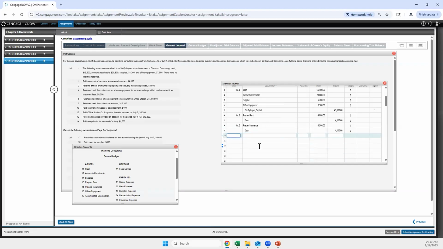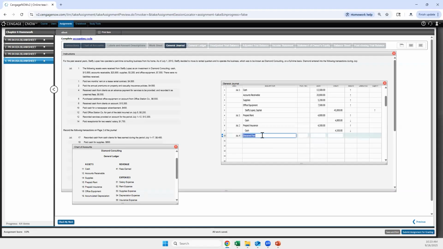And then the next journal entry is going to be July 4th. Received cash from clients in an advance payment, recorded it as unearned fees. So they tell us that we're going to record unearned fees.